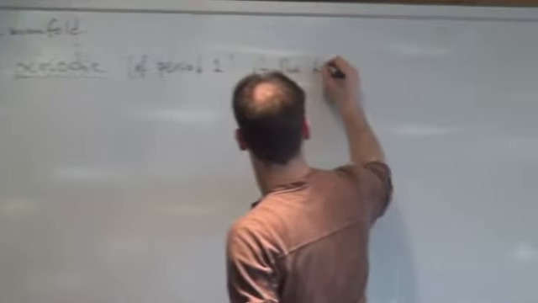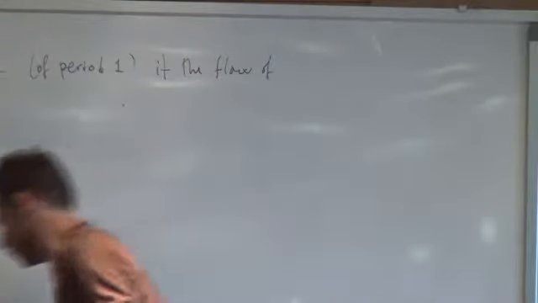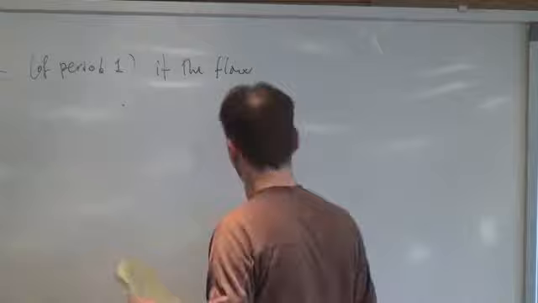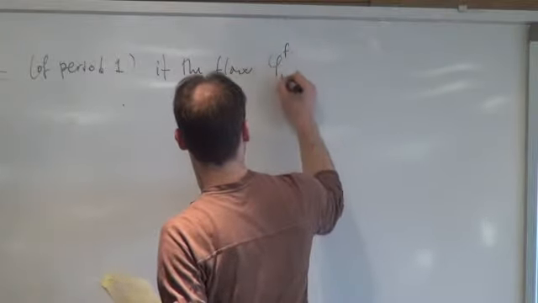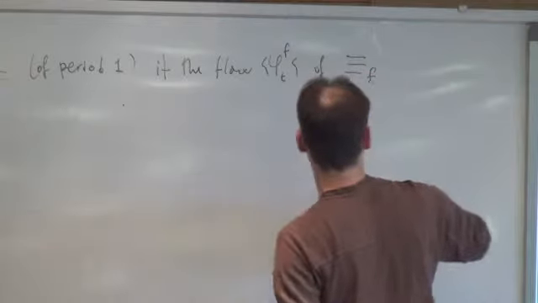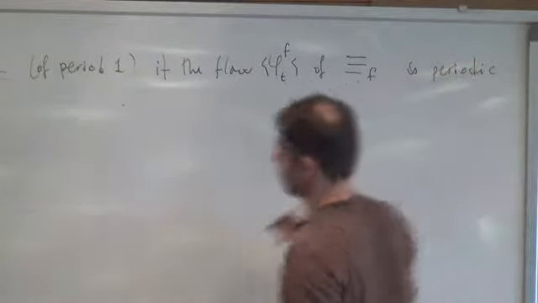the flow of, well, let's see, what should I call the flow? Phi sub t of the Hamiltonian vector field of f is periodic with period 1.